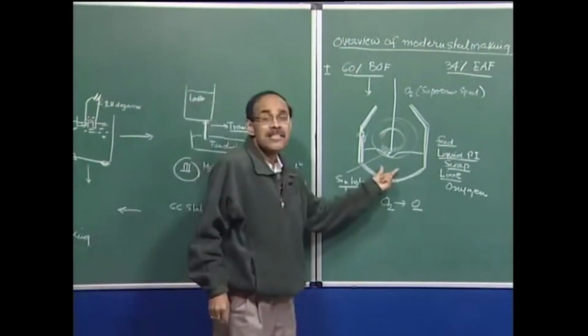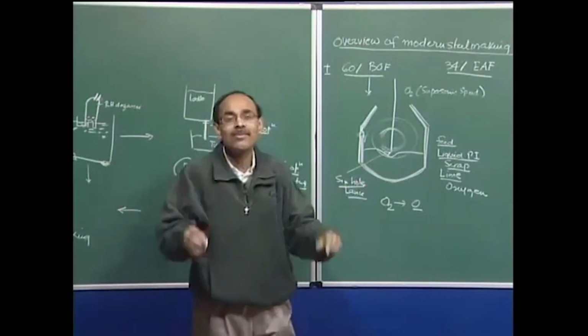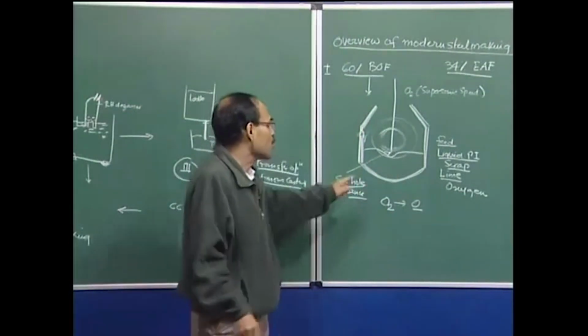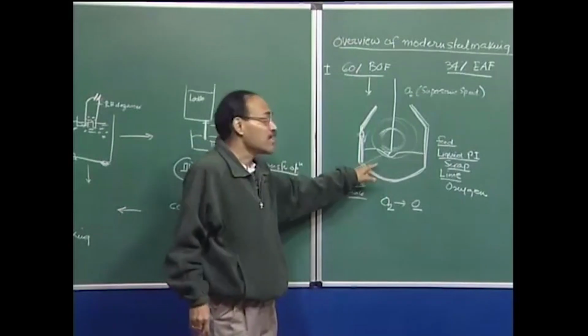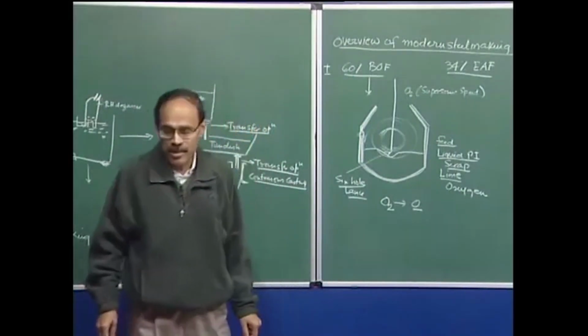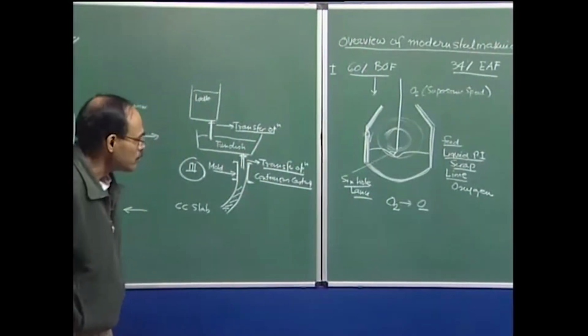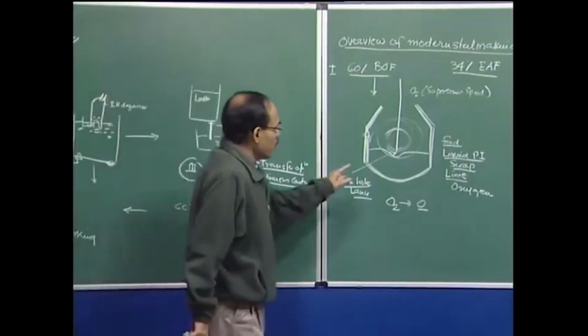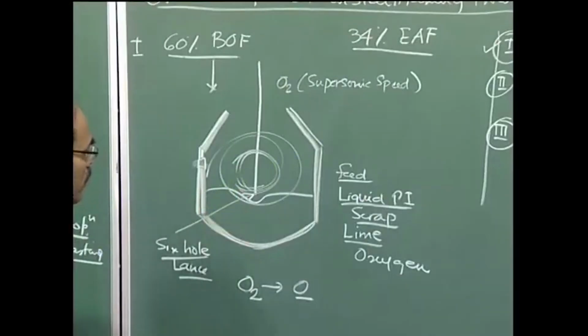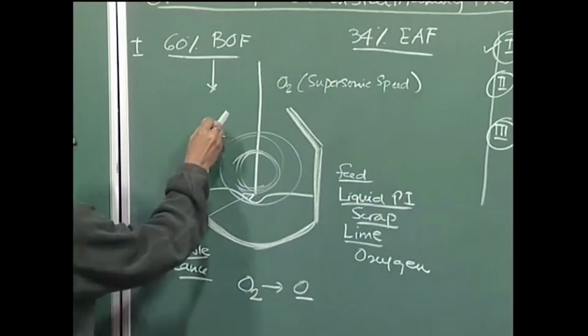Now, these vessels can be of different sizes depending on the size of the plant. In some cases, you can find a 130 ton vessel, but today there are plants with 500 ton vessels. It is a highly expensive vessel.